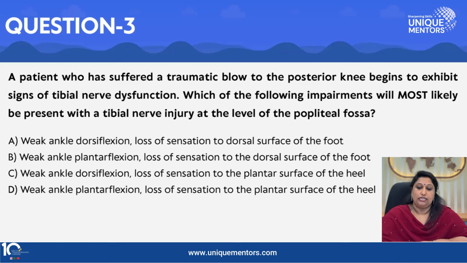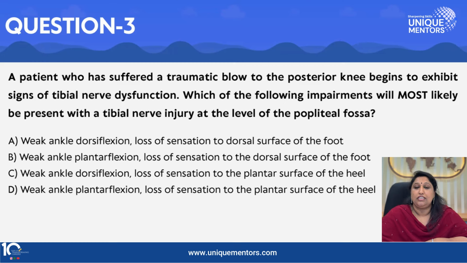Now, the key information here is, where does the sciatic nerve divide? The sciatic nerve divides into the common peroneal nerve and the tibial nerve at the popliteal fossa, just behind the knee joint. So if the injury is above the popliteal fossa, things will be different, and if it is at or below the popliteal fossa, things will be different.